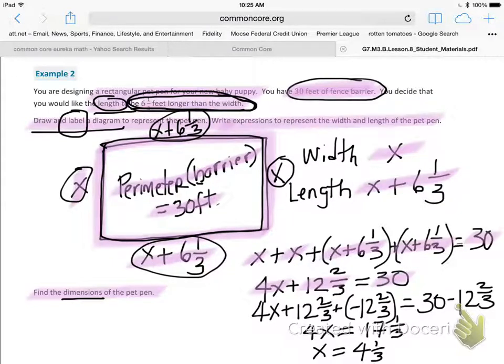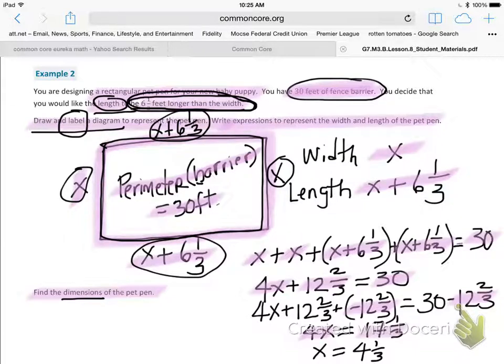Again, I'm going to use an if-then move here. I'm going to subtract away that 12 2/3 because I want to make zeros on one side, and do the same thing on both sides. Now I have 4x plus 0, which is the same as 4x. I made a 0 there.